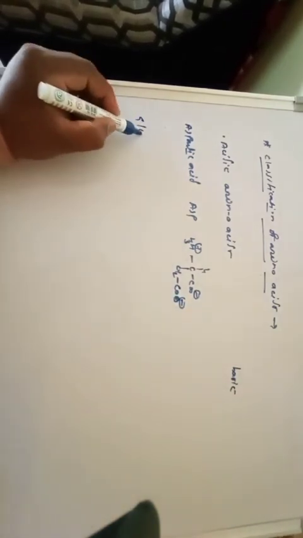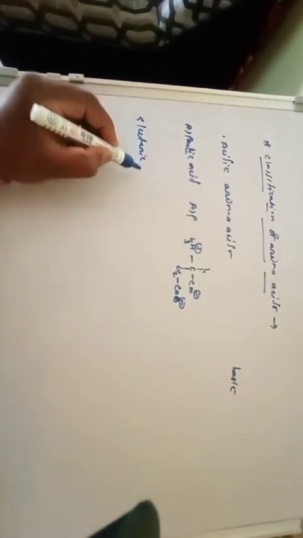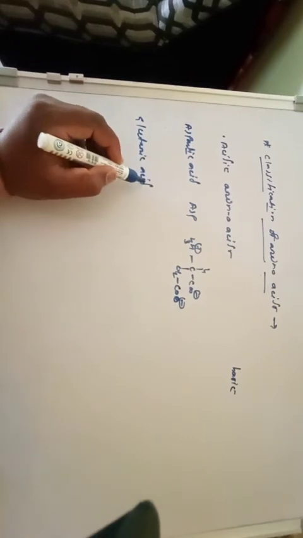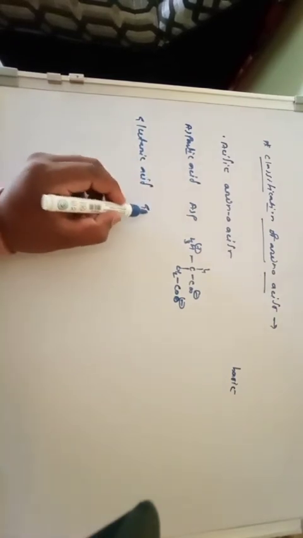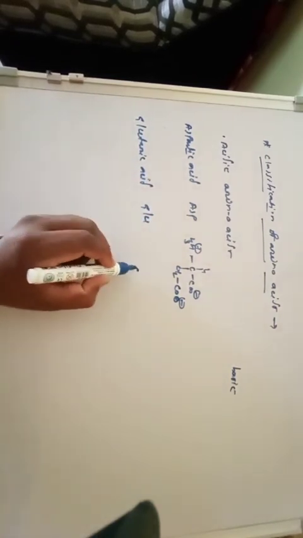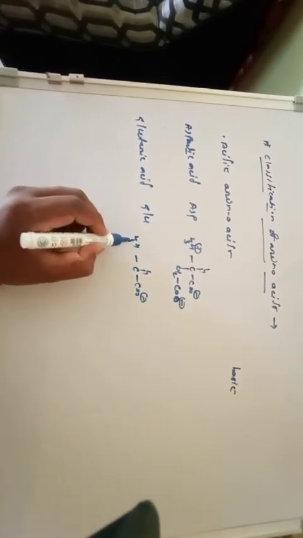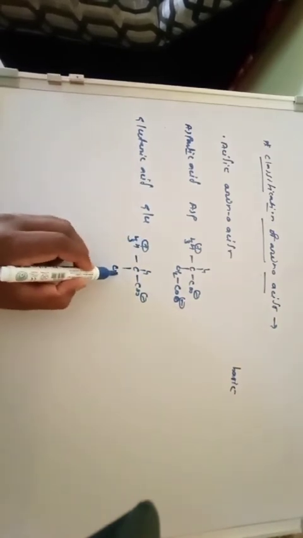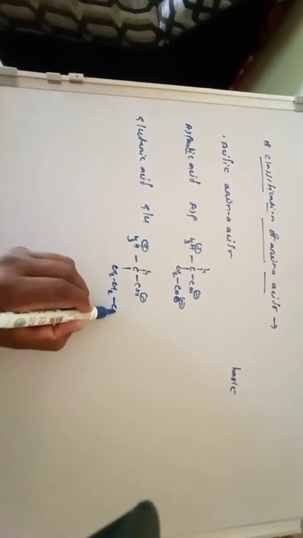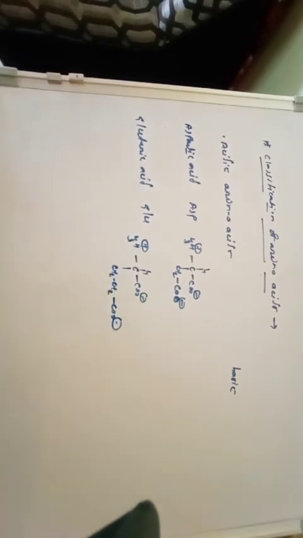Second is glutamic acid, GLU. Then it is CHCOO minus, NH3 positive, it having CH2 CH2 COO minus. This is your glutamic acid.